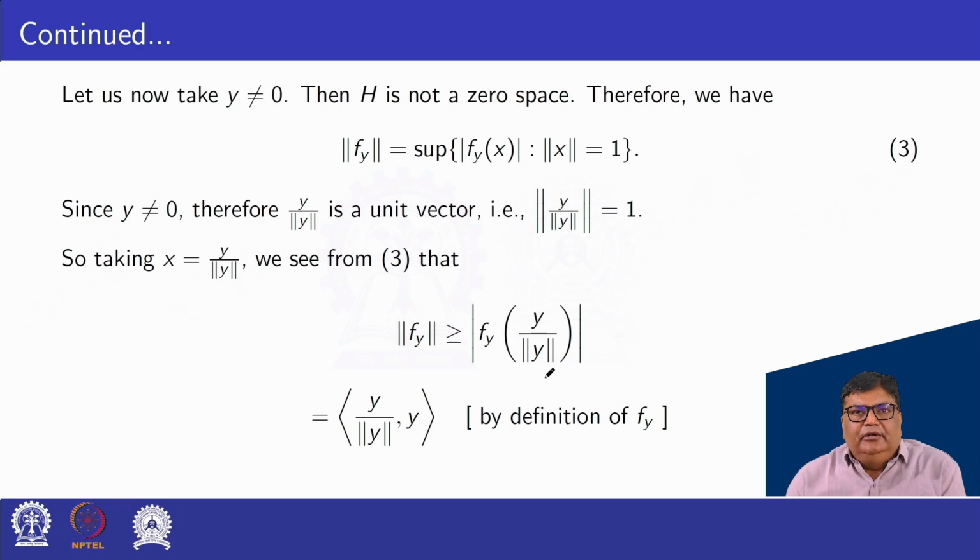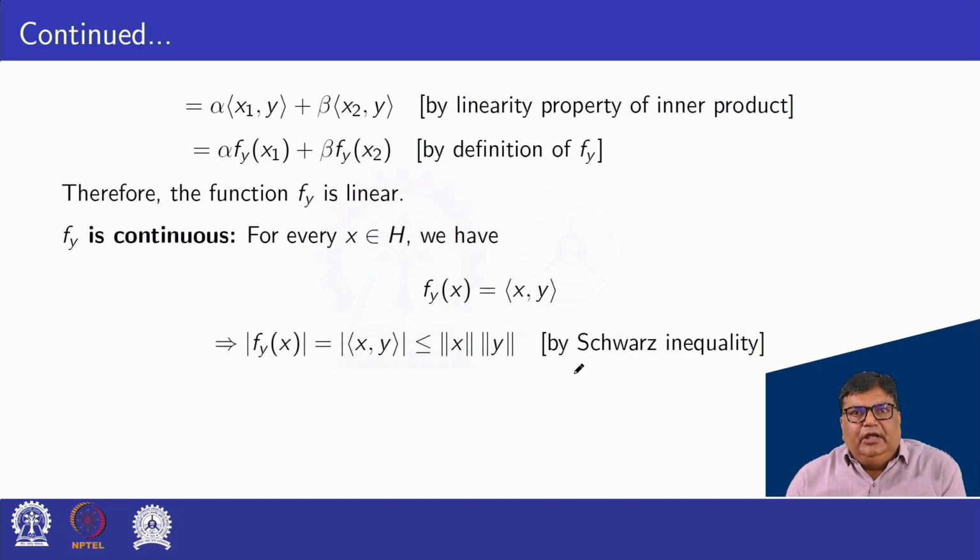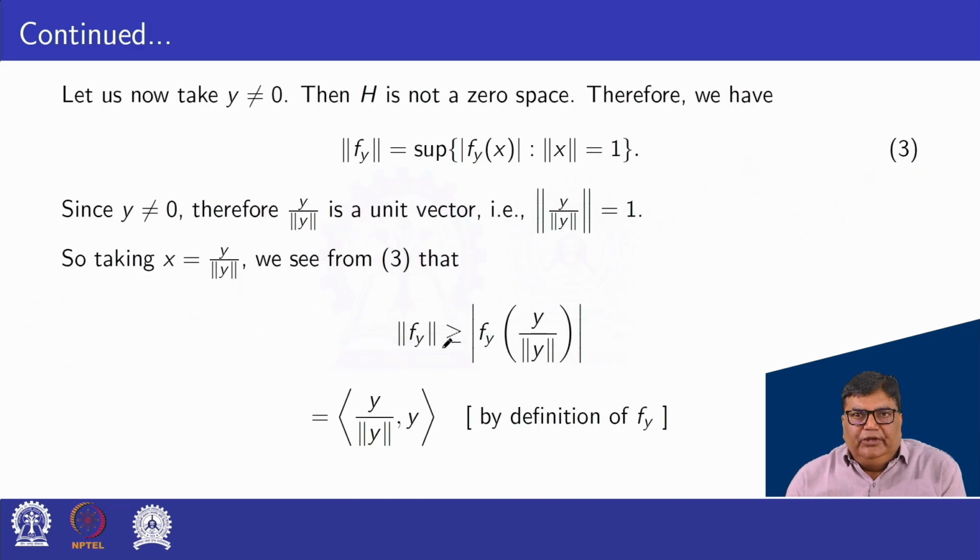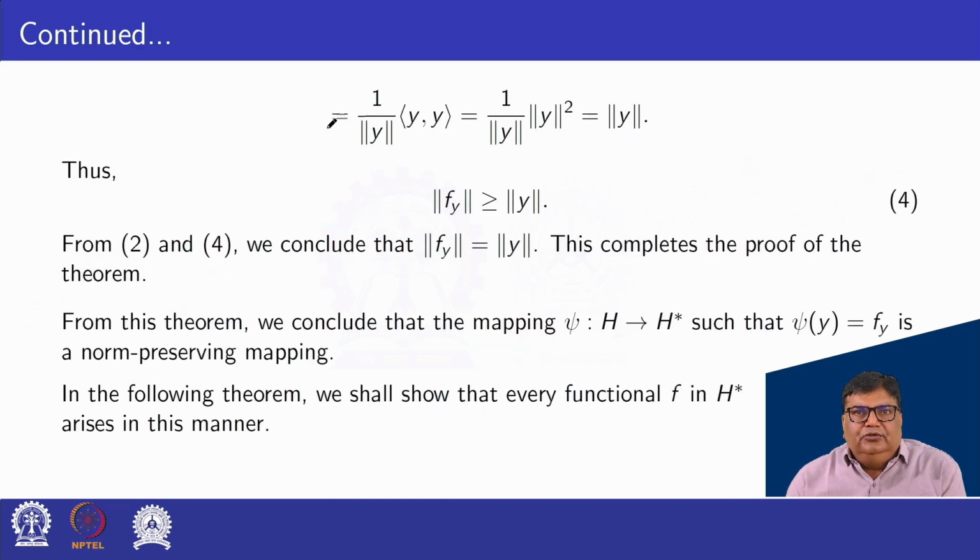upon norm y. Okay. So as per the definition of fy, we can write the inner product of y upon norm of y and y. So 1 upon norm of y is a scalar. So we can write 1 upon norm of y into the inner product of y, y. And also we know that the inner product of y, y is norm of y square.